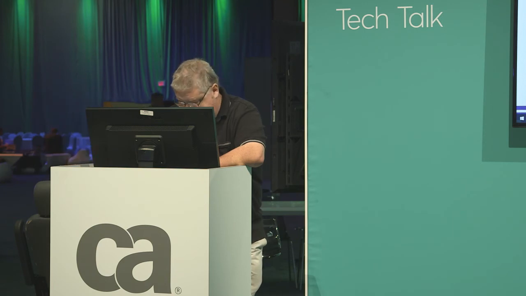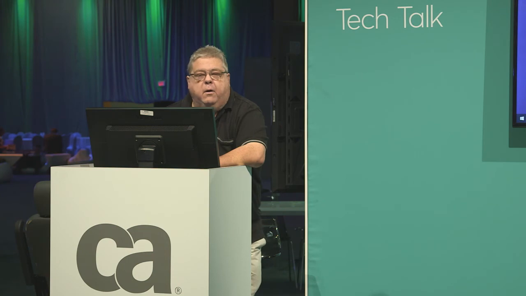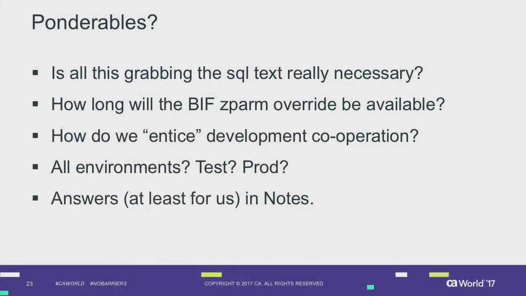And here are some ponderables. There are no right or wrong answers. Is all this grabbing the SQL text really necessary? Like I said, we don't know. Maybe with the scant information we had from the IFCIDs, we could have given the distributed developers enough information.